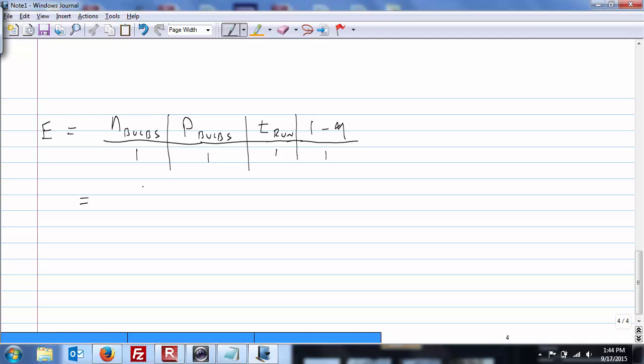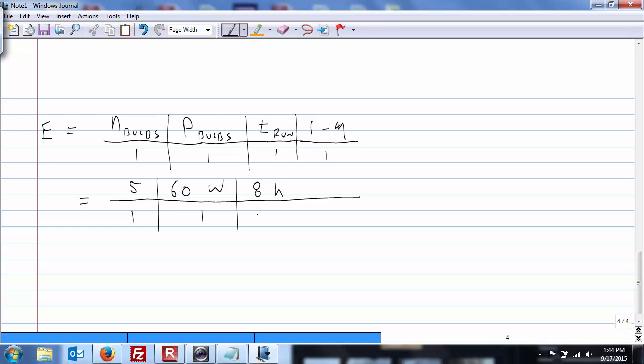So what I'm looking at here is the number of bulbs is 5, and there's just a 1 in the denominator. The power of the bulbs is 60 watts, and again there's just a 1 in the denominator. The time run is 8 hours, and now I'm going to have to start paying attention to units.